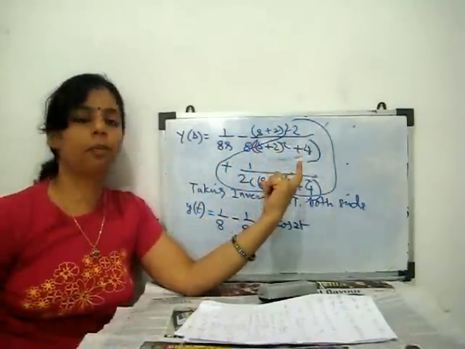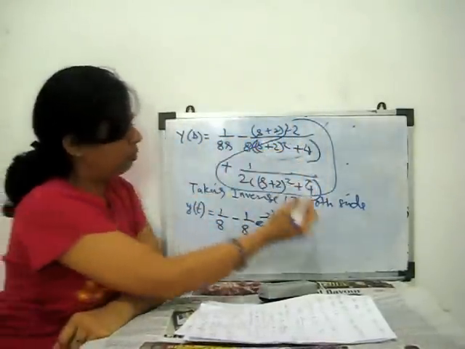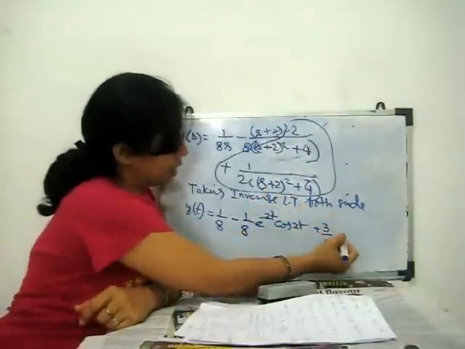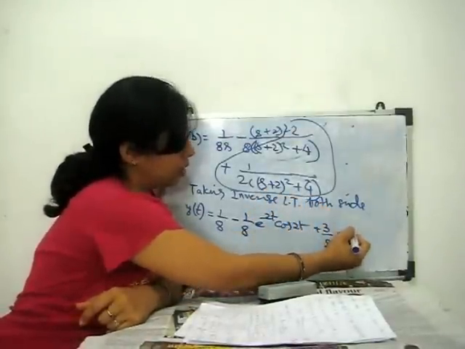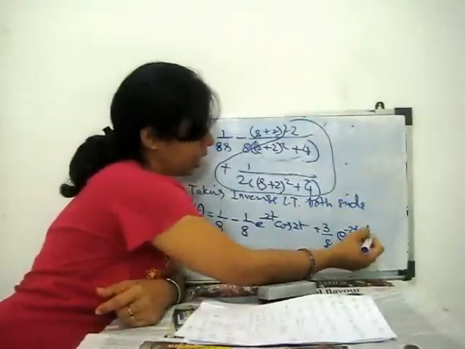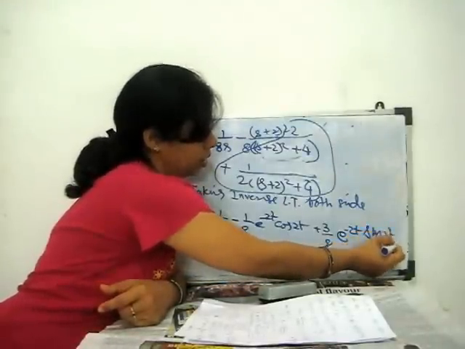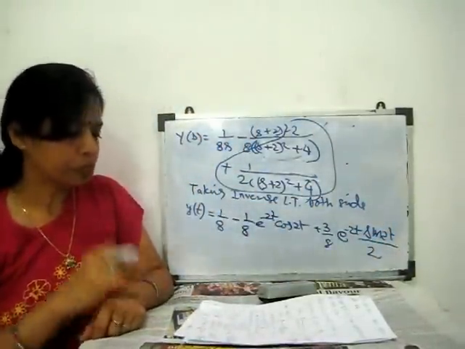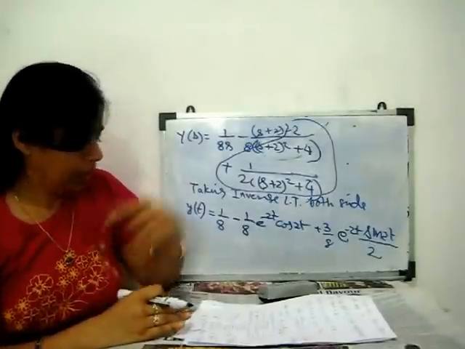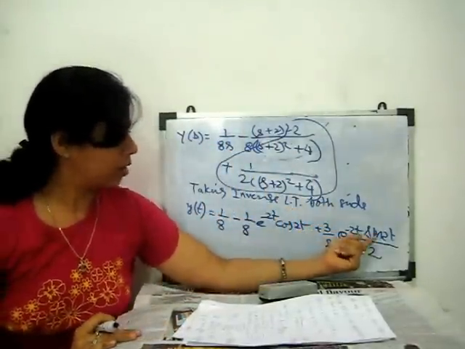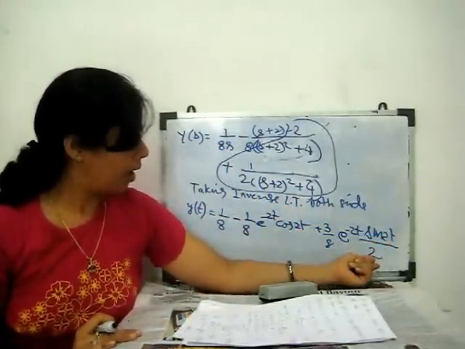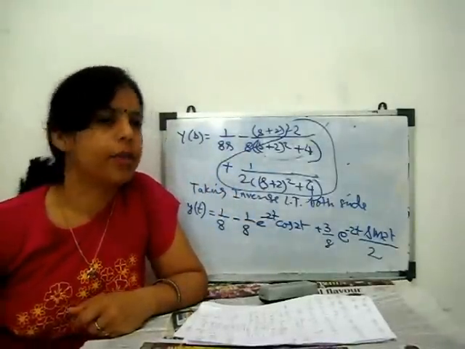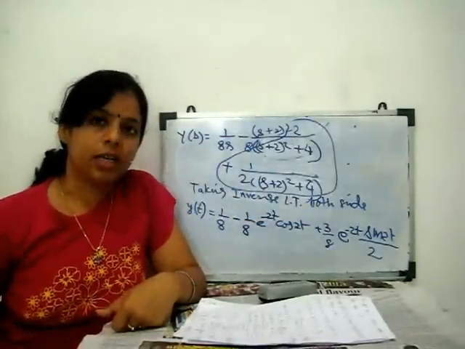So we write plus 3 by 8 and this is same, e to the power minus 2t of sine 2t by 2. Clear? So now e to the power minus 2t sine 2t by 2. So that is the required solution of the given differential equation.